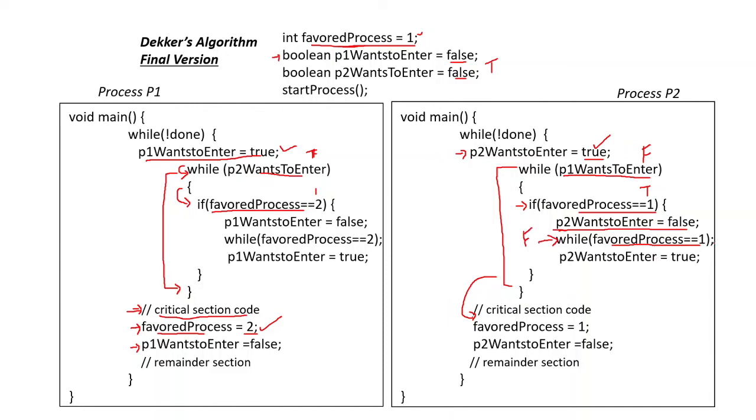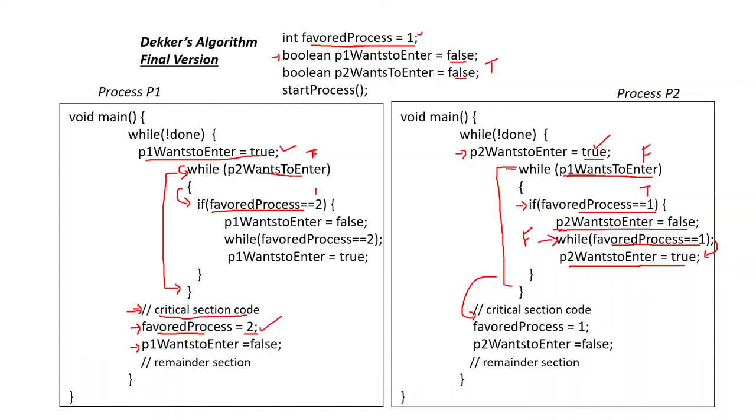Next it will break out of this while loop, and it will set the value of P2 wants to enter to true. After that, when it checks the value of P1 wants to enter, this will evaluate to false again because P1 has exited its own critical section.